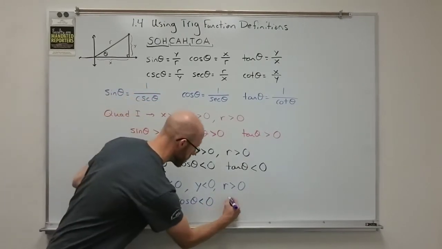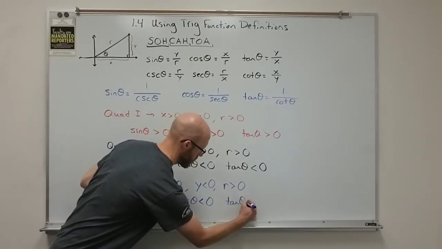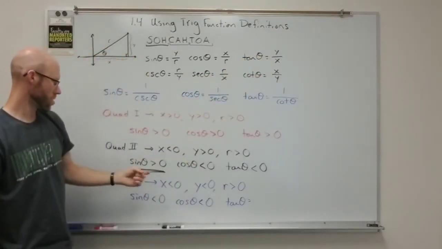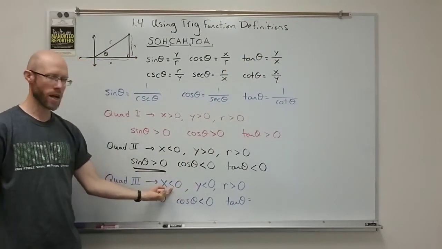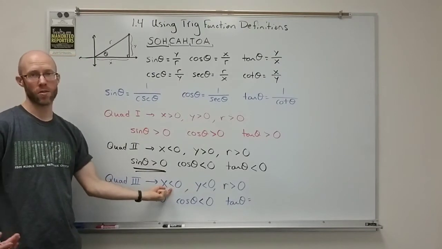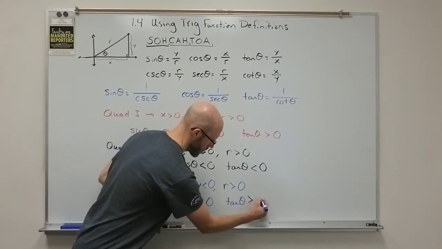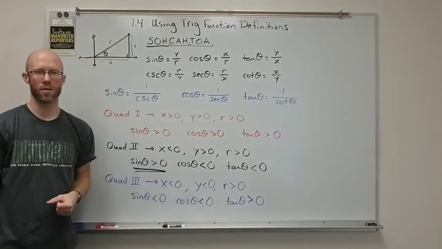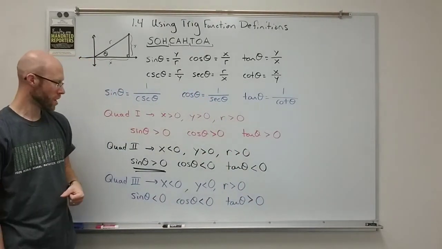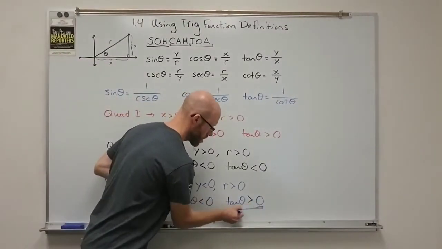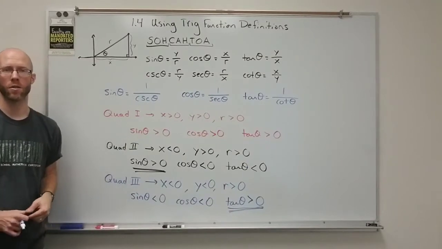And the tangent, well, the tangent is y over x, which is a negative over a negative. A double negative makes a positive, actually. So this one is going to be positive because of the double negative. So in quadrant 3, the tangent is the only one that's positive. Okay.